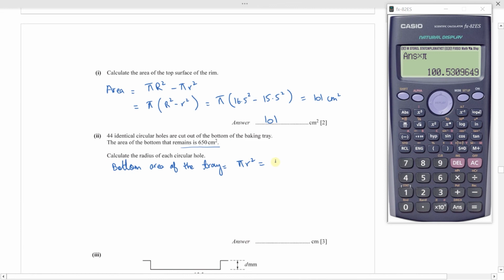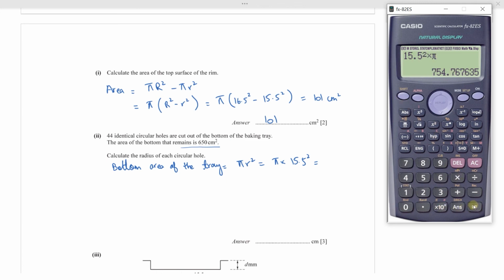So this will be pi into 15.5 square, which is 754.768 centimeter square.